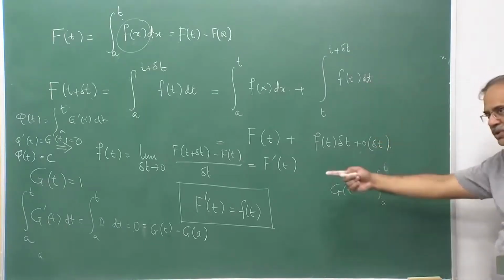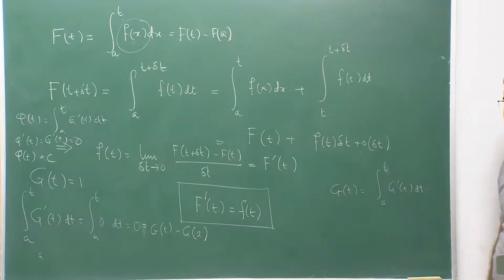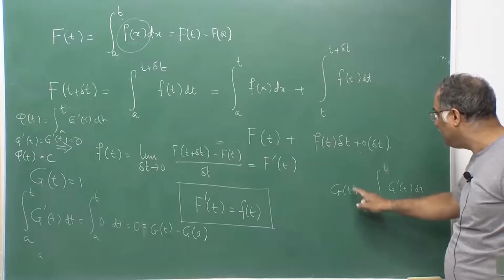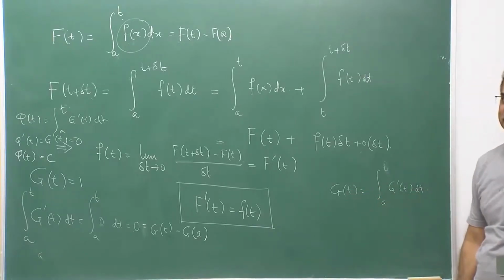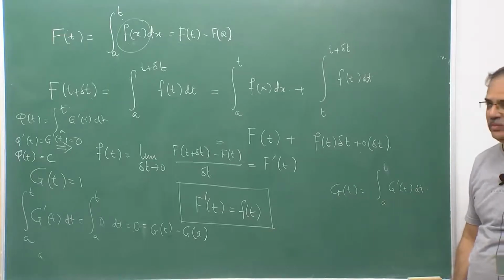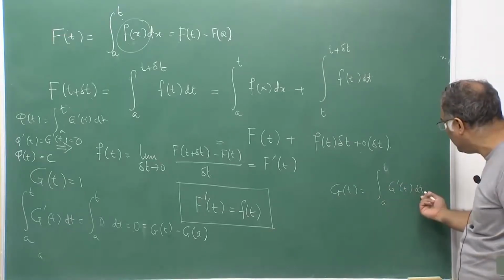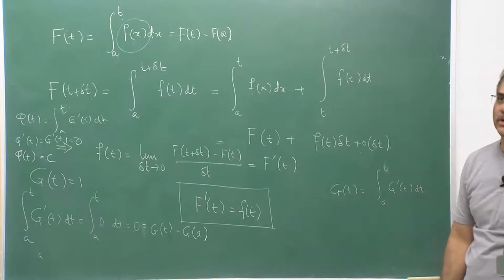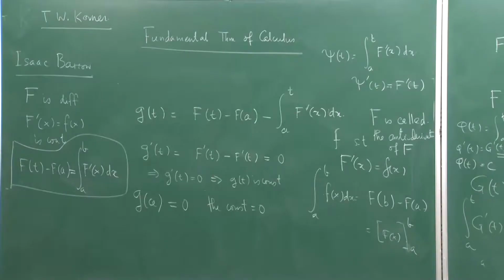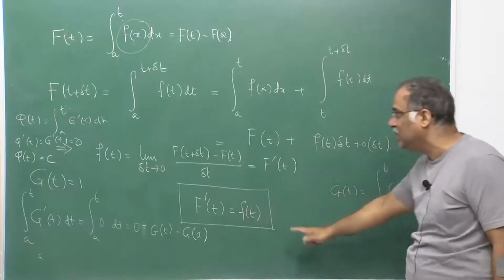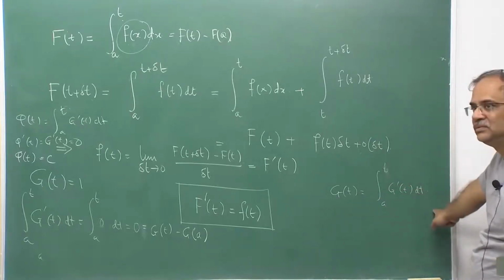It cannot be 0 because GA is 1, it is constant. And that is exactly why you cannot say that when I evaluate this I get back GT. When you actually evaluate this integral, you get back the 0 function. So you get GT minus GA, so that formula remains valid. And this formula that f dash t equal to ft also remains valid.